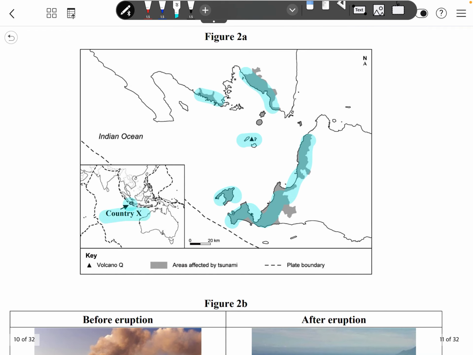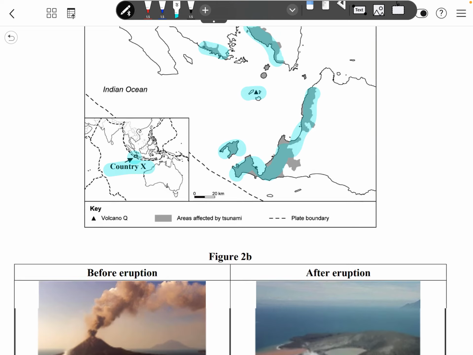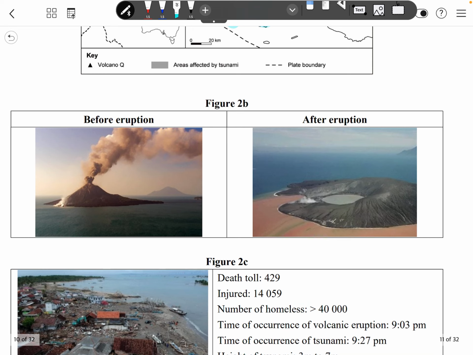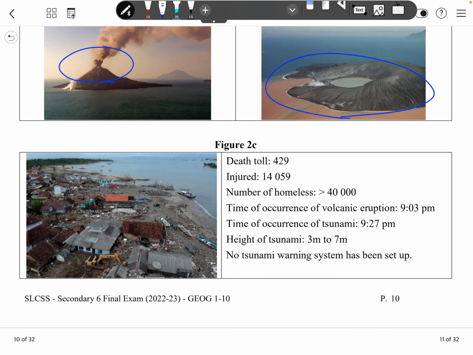So this is country X, and this is the area affected by volcano Q. This is before the eruption, and we can still see some ash coming out. Look at the key changes before and after the volcanic eruption. It is very useful for you to answer the coming questions. Next, Figure 2C shows you a lot of useful information.